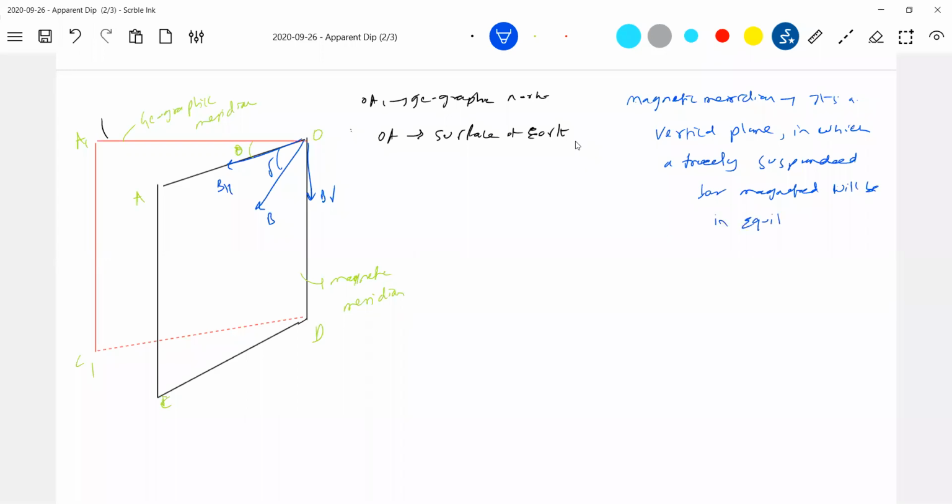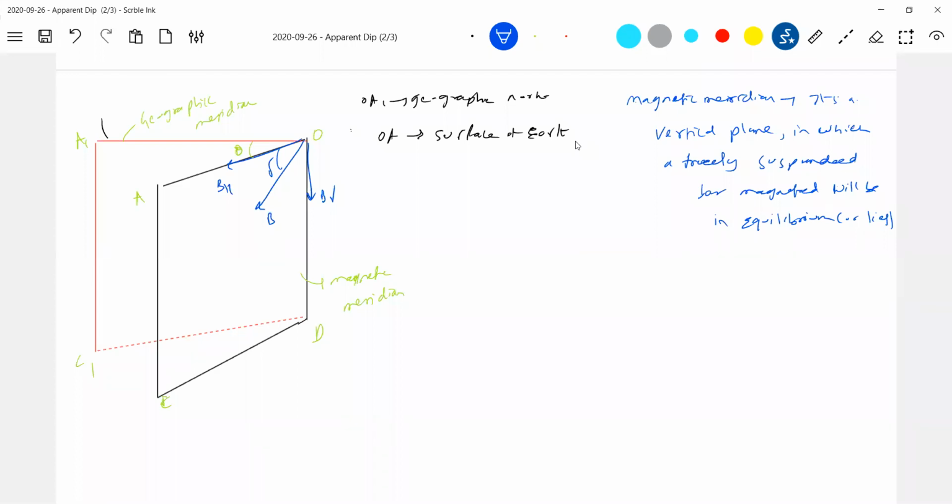So that is how to obtain the magnetic meridian. Even the magnetic meridian is not exact. There will be some error in the dip circle. These are all big headaches.